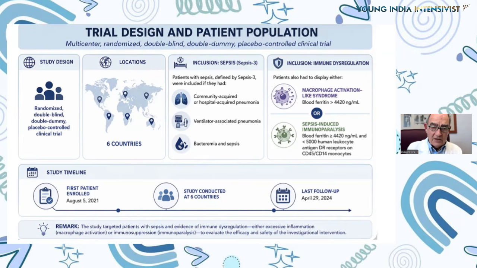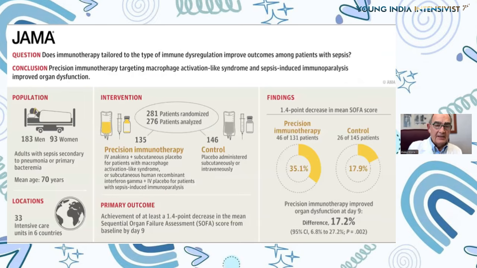The study was targeted at patients with sepsis and evidence of immunodysregulation, either excessive inflammation with a macrophage activation syndrome or immunoparalysis. Those patients received precision immunotherapy: intravenous anakinra versus placebo for patients with macrophage activation syndrome, in order to inhibit interleukin-1.